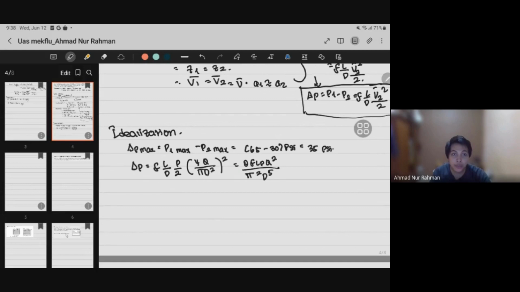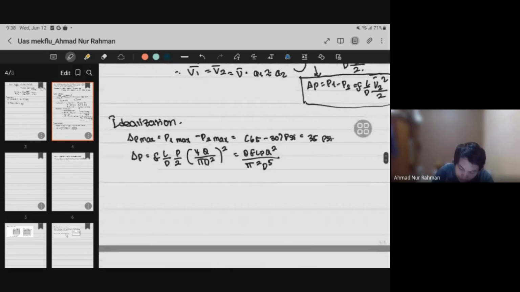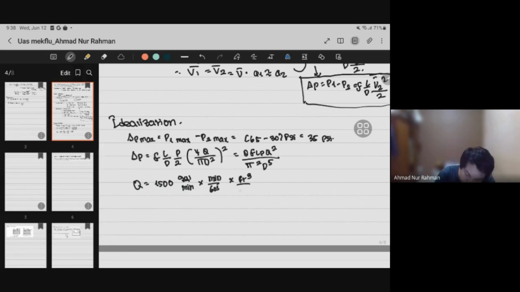We need to convert Q to cubic feet per second. So from the data above, Q equals 1,500 gallons per minute times minute per 60 seconds times cubic feet per 7.48 gallons equals 3.34 cubic feet per second.